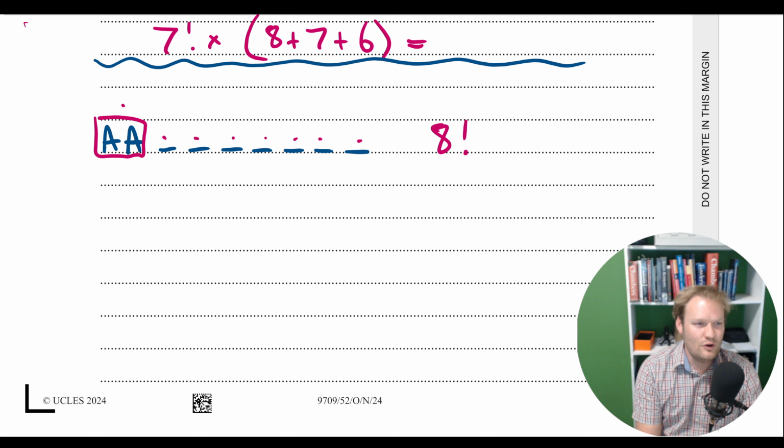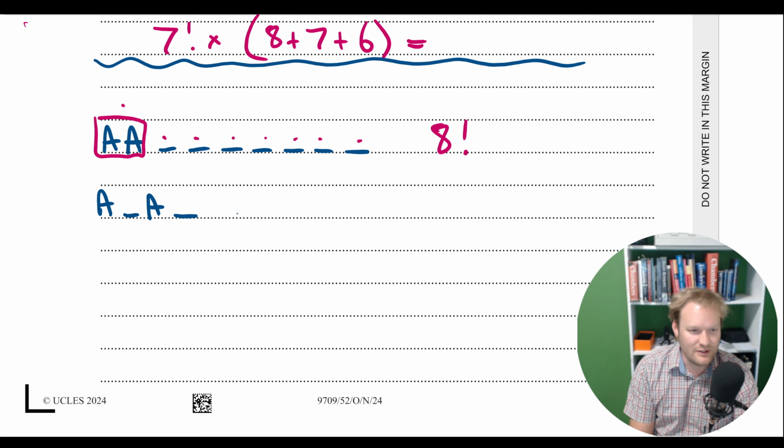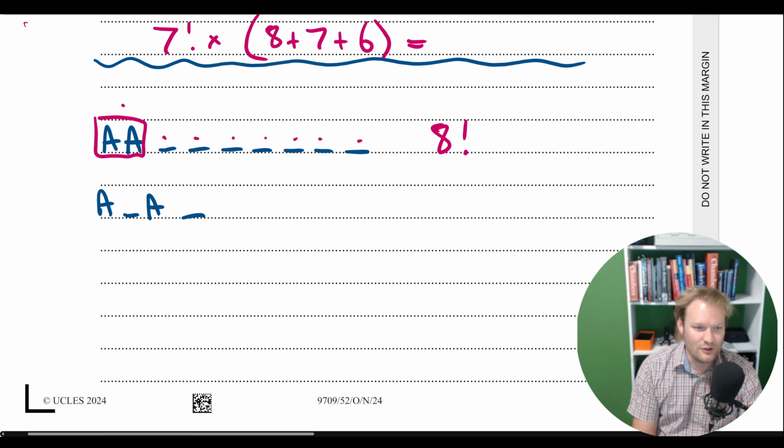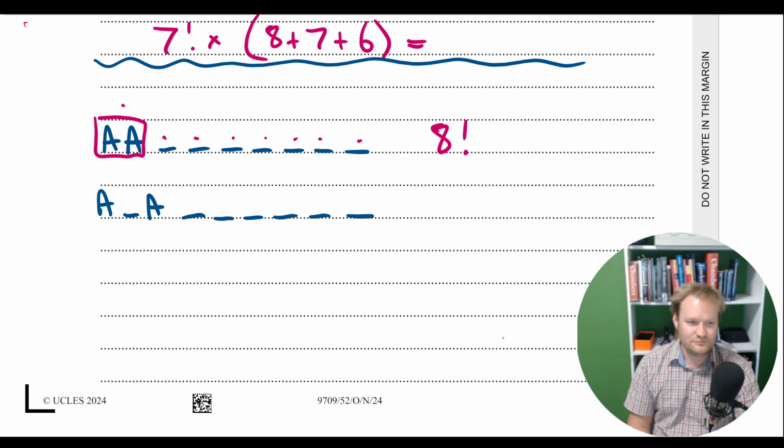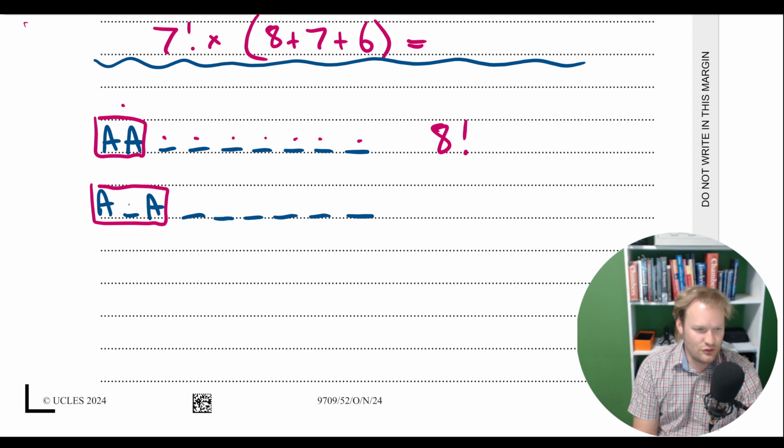Okay, or we could have another: A gap A. Let me leave a little gap here. And we've got 1, 2, 3, 4, 5, 6. So this we're saying needs to go together. We're putting a little band around it there. So we need to choose what letter's going to be over here.